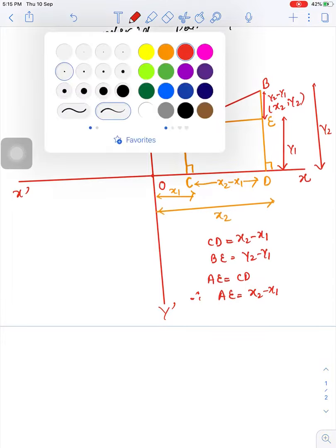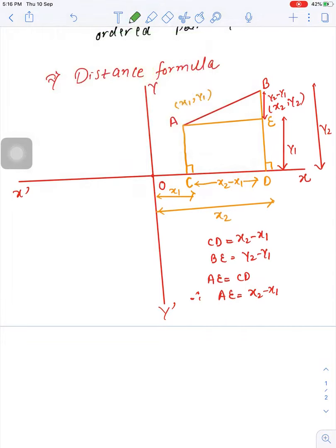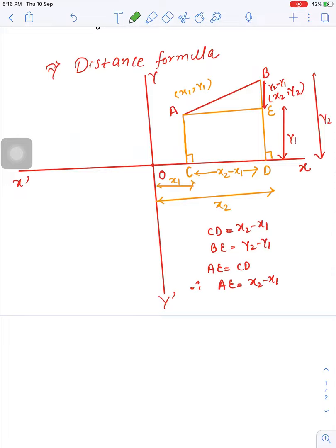Now what I am going to do next is utilize the Pythagoras theorem. As you can see, triangle AEB is a right angle triangle. Just try to look, it is a right angle triangle.